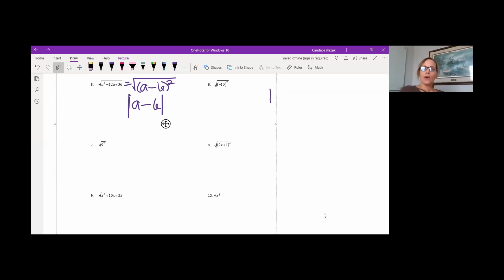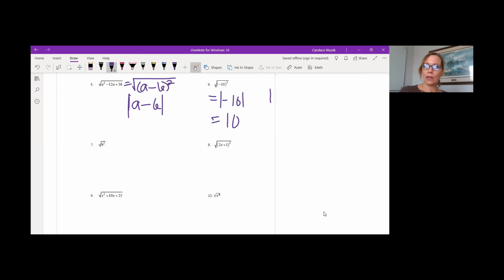Pushed the wrong button. All right, let's jump back into our notes and go over these examples. Talking about principal square root, number 6, the principal square root of the quantity negative 10 squared is the absolute value of negative 10, but we would write this as just 10.